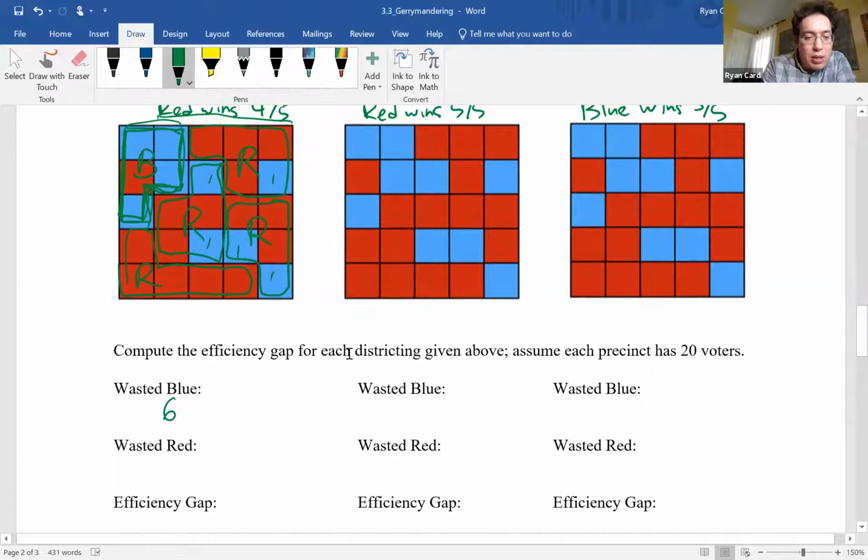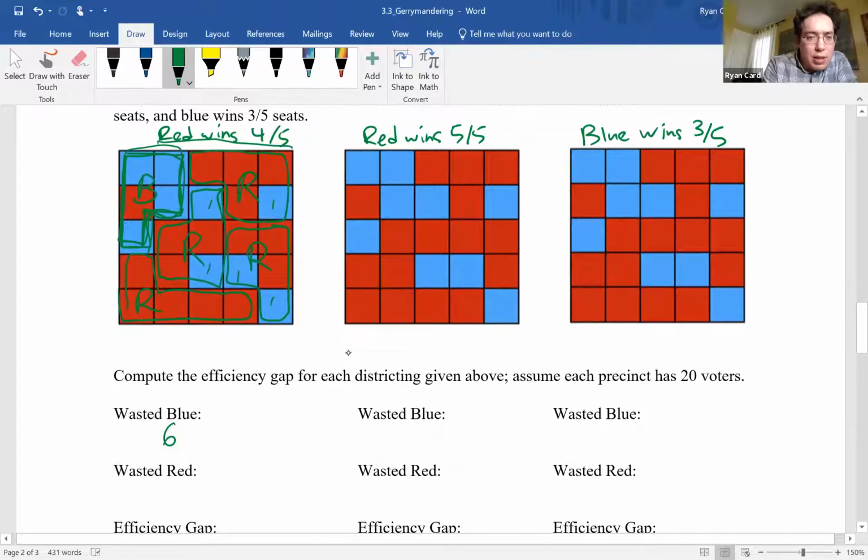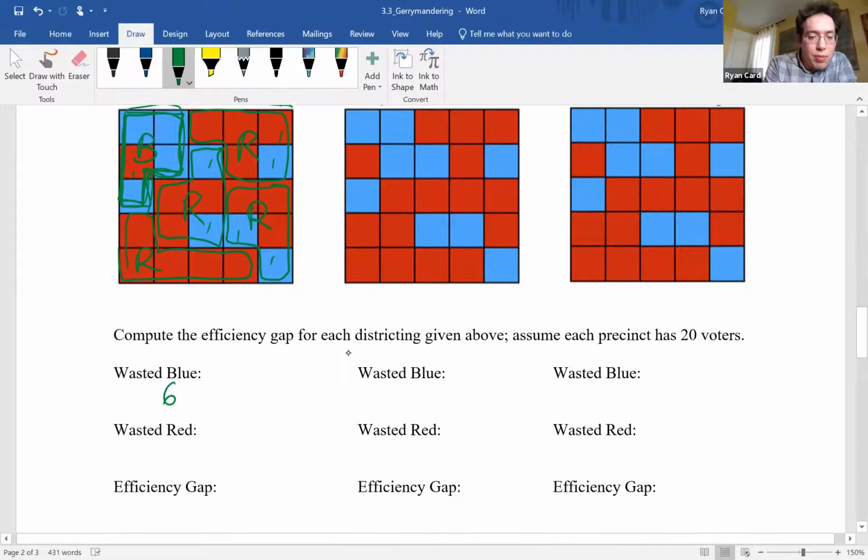Okay, the number of wasted votes for red. So that's 1 here. You only need 3 to win, so there's 1 wasted here. No wasted in these 2. And then 2 wasted here. So 2, 3, 4. 4 total.